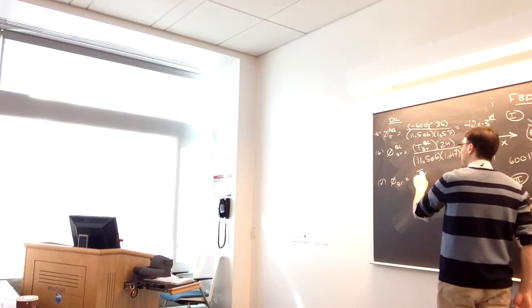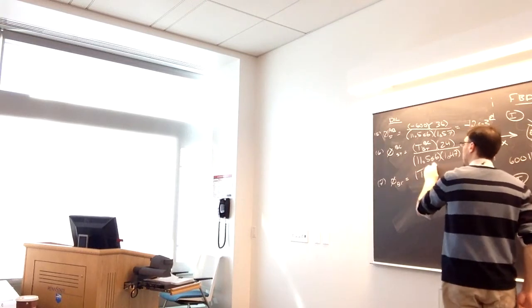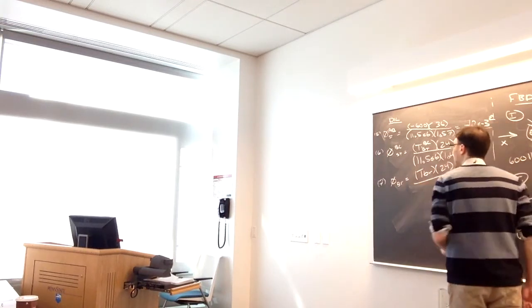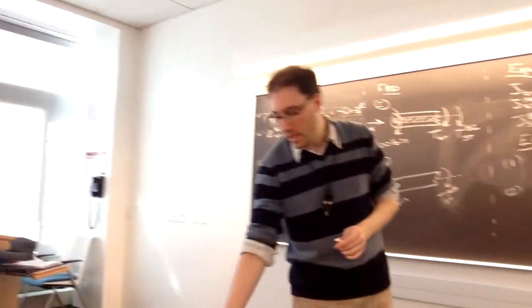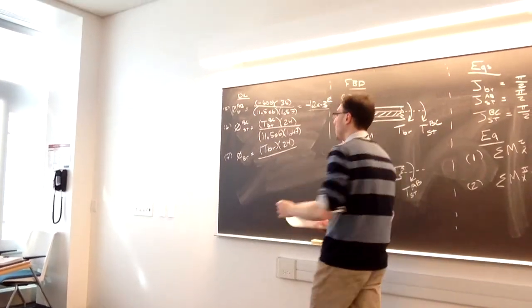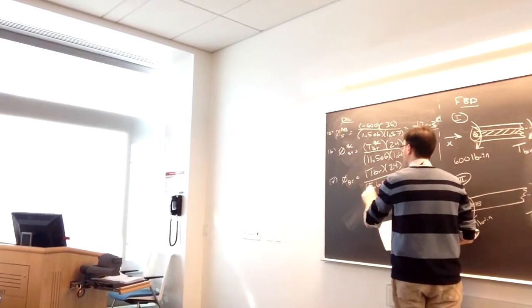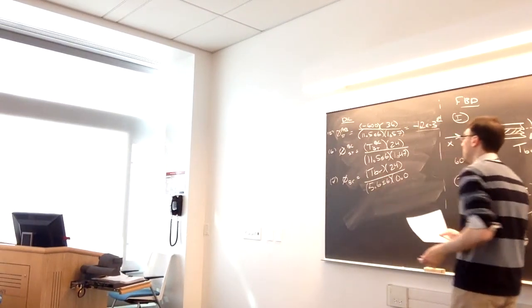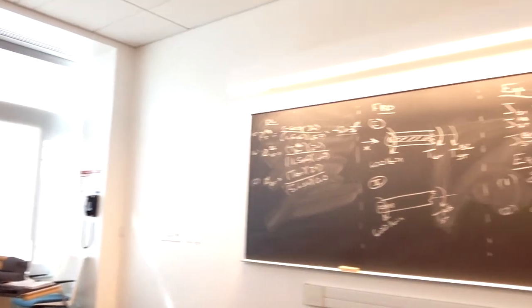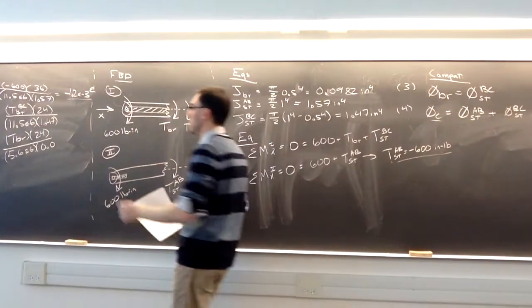And in the brass, it'll be T brass times 24 over the shear modulus of the brass, which was 5.6, and the polar moment of inertia, 0.0982.